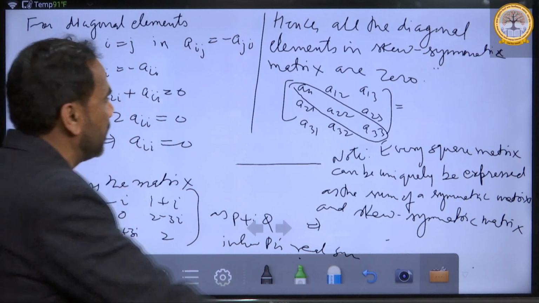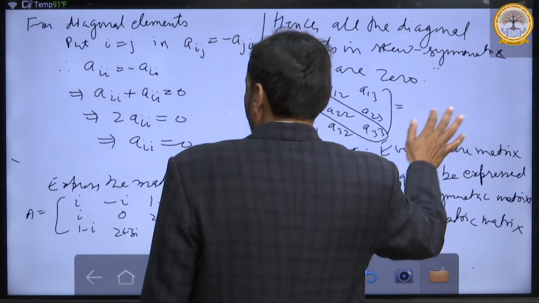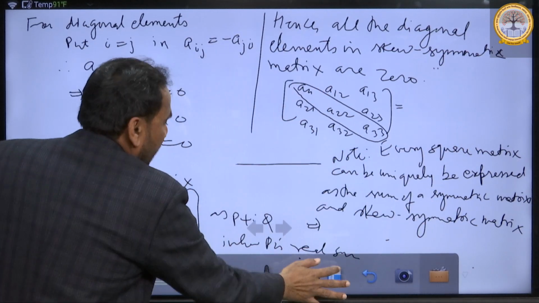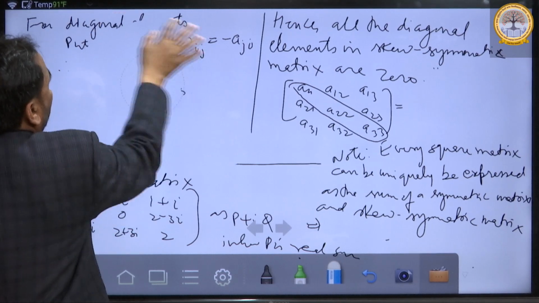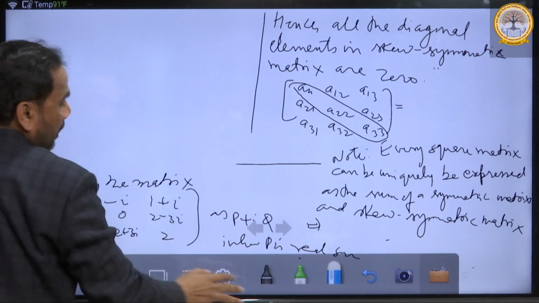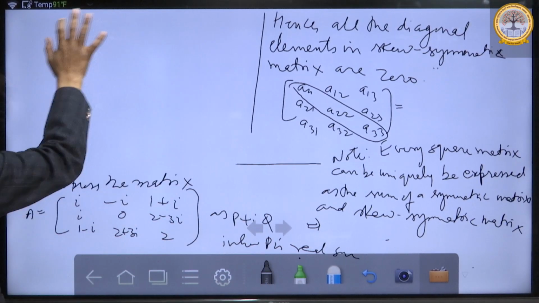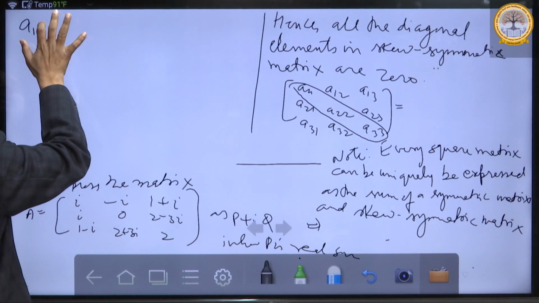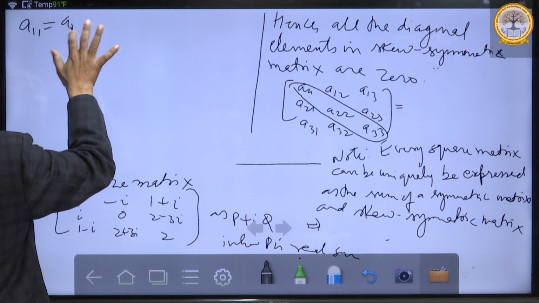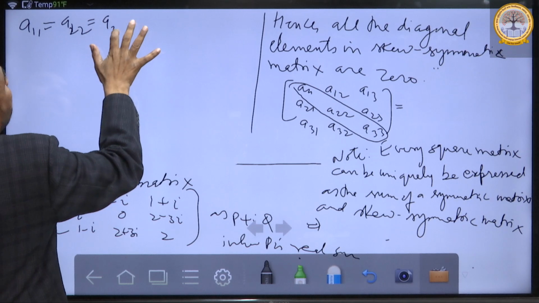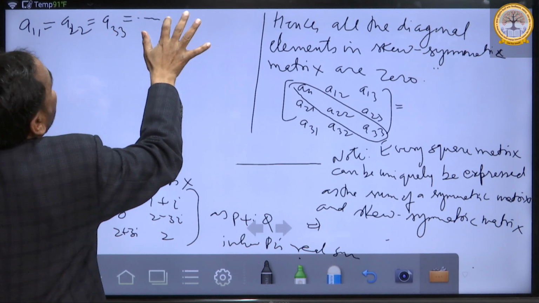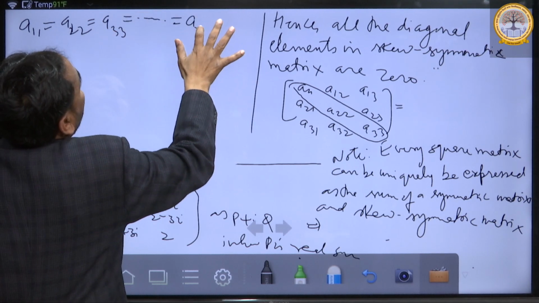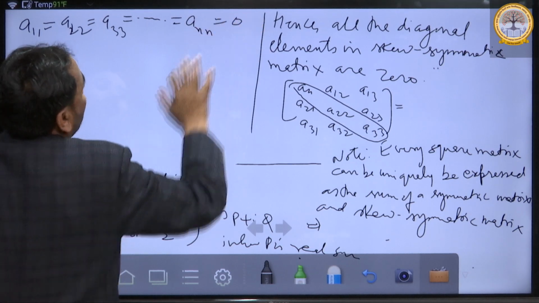It means that A11 is equal to A22 is equal to A33, up to so on, Ann is equal to 0.